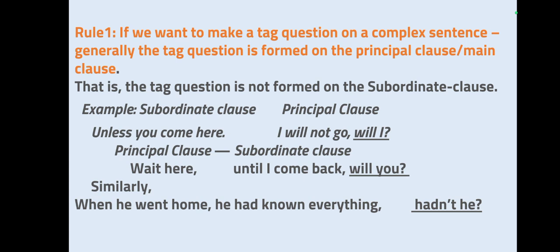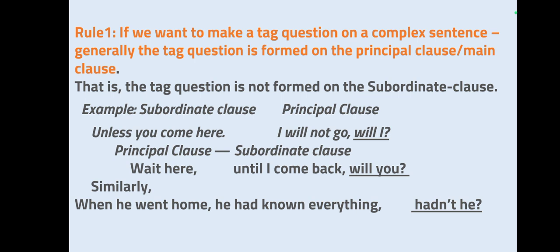For example, unless you come, I will not go, will I? Here, the main clause is I will not go, and the subordinate clause is unless you come, and hence the tag question is will I, and that is formed on the main clause, I will not go.